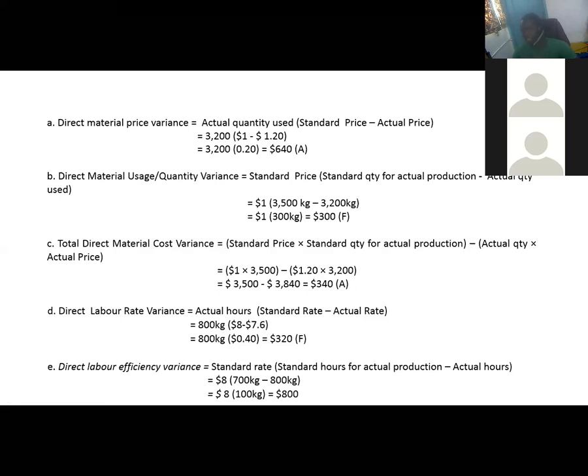Now do the calculation and tell me your final answer. So it's going to be 640 adverse plus $300 favorable. Do the mathematics and give me the final answer. Whosoever is done can just give us the solution.